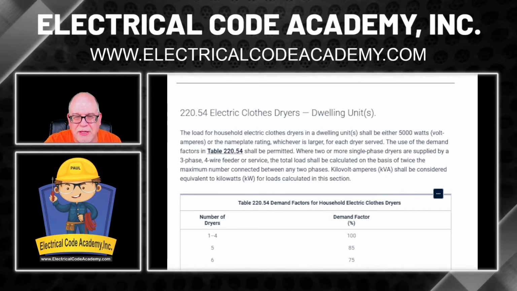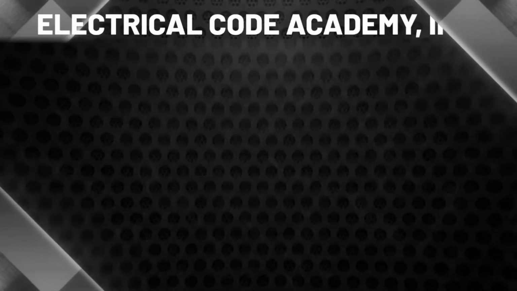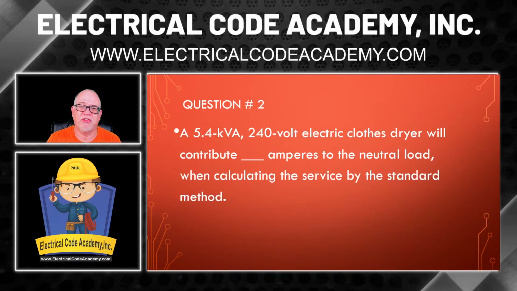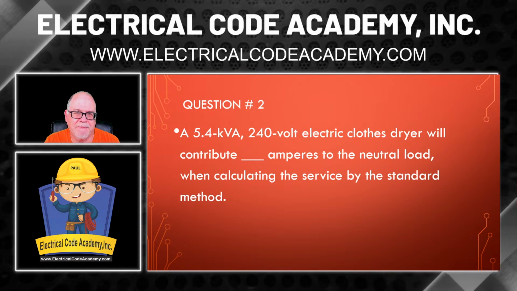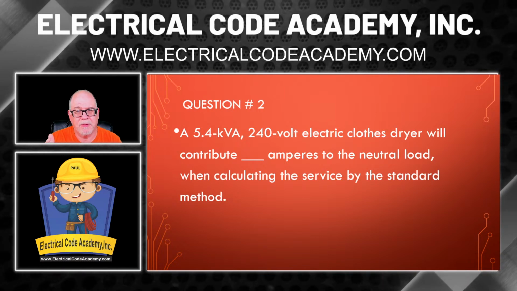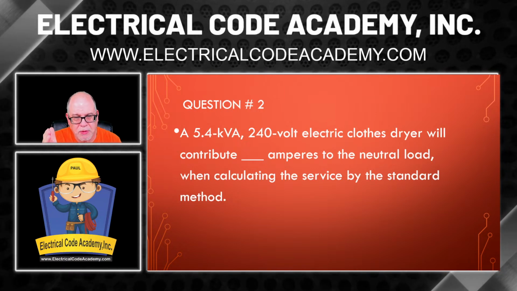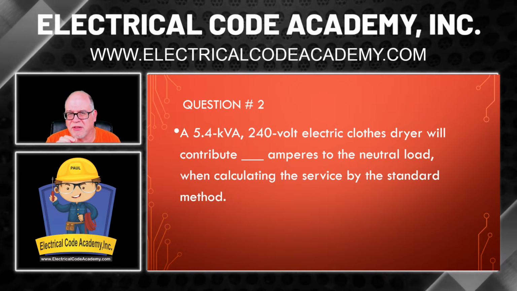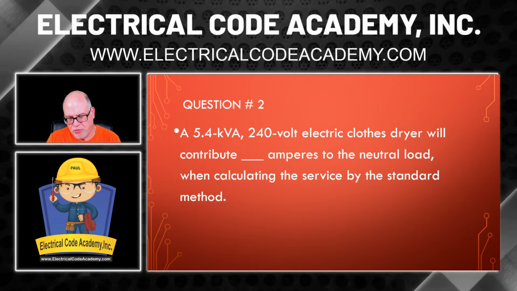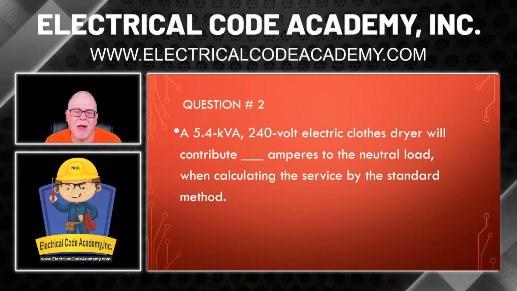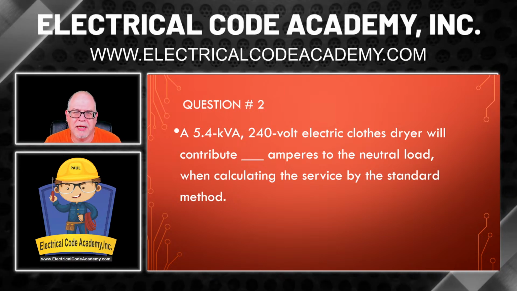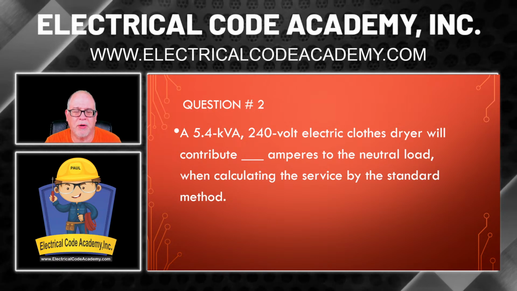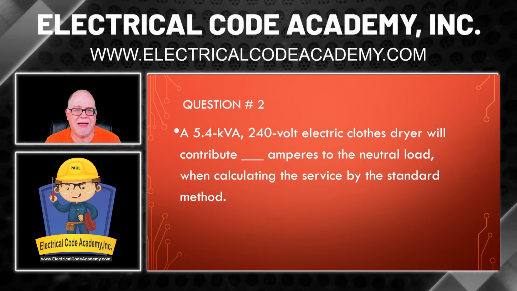So let's go back and look at our question. So there's our question. It was 5.4 kVA and 240 volts, right? So we're trying to get the amps. Now, you might be thinking to yourself, you're one of those astute students, I can tell. And you've gone and you said, well, you know what, Paul? All I'm going to do is use Ohm's law. And I'm going to take the 5.4 and I'm going to divide that by 240.